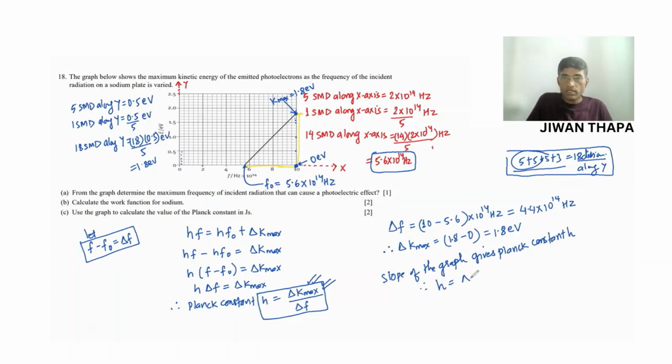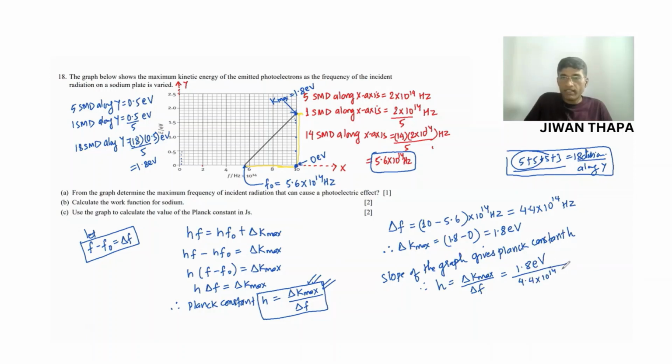Therefore h equals delta K max by delta f, which equals 1.8 electron volt divided by 4.4 into 10 to the power 14 hertz.